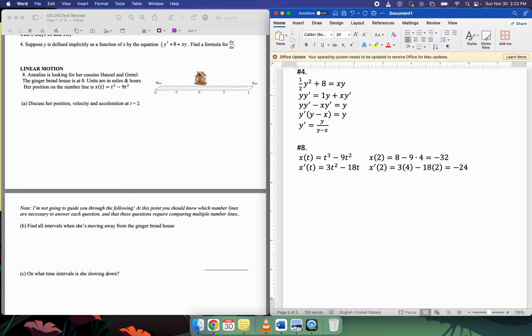So I guess that means that she's moving 24 miles per hour in the western direction because the velocity is negative, so she's moving to the left.